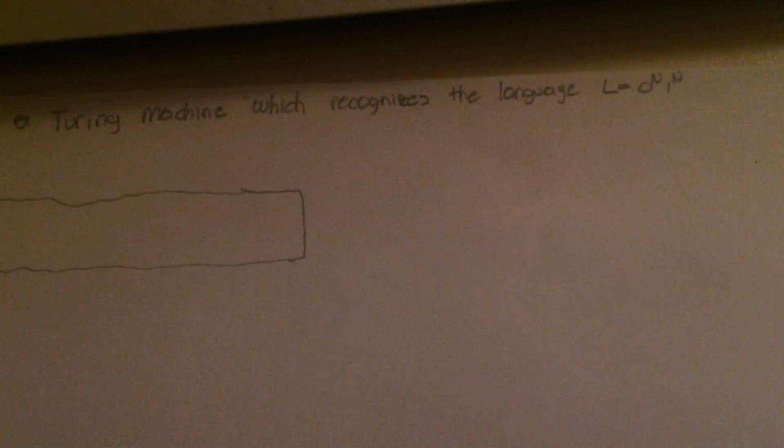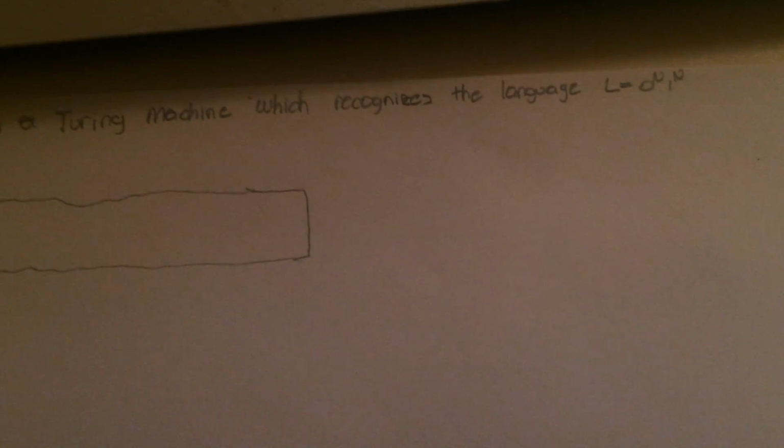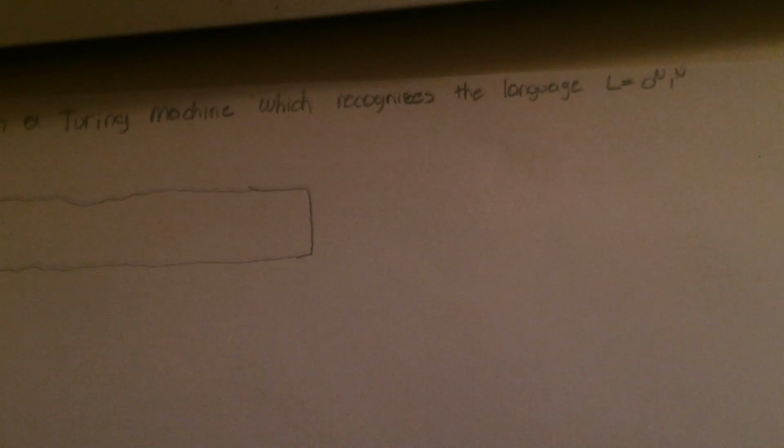Before putting zeros and ones on it, I need to look at my language and see there must be an order of zeros first, then ones. There could be no zeros or ones, which means the string is blank. But if it is not blank, we need to put zeros first.